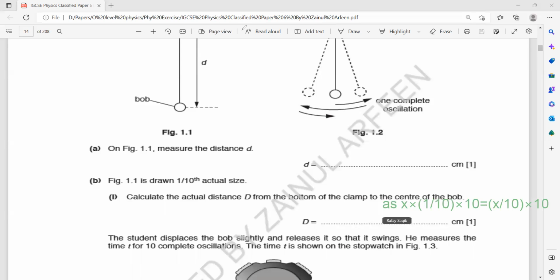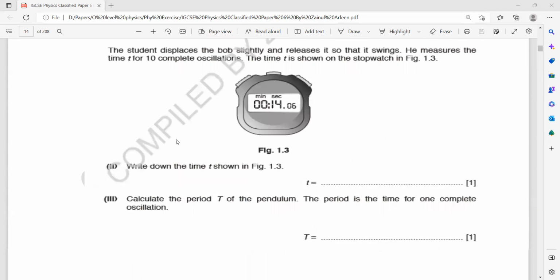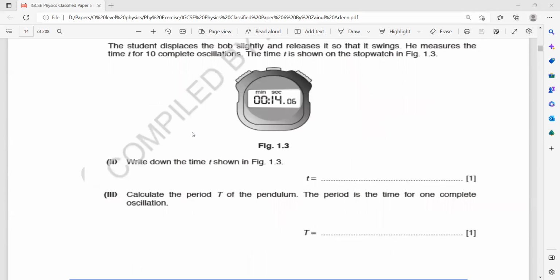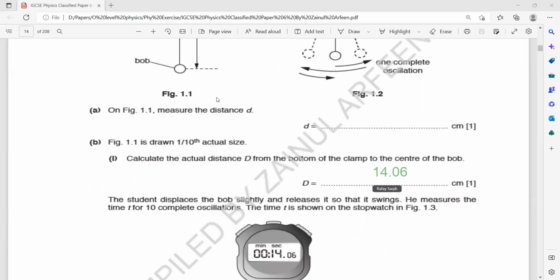The next one: the student displaces a pendulum bob, and he measures the time for 10 complete oscillations. Why do we multiply by 10? As you can see, in the question they mentioned we need to calculate the actual size.